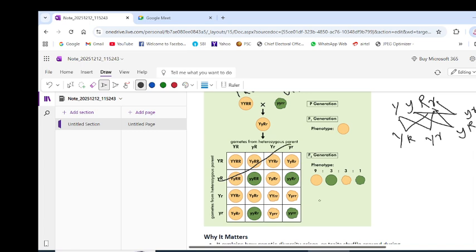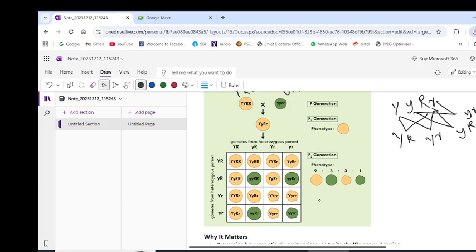And these two give green round and green wrinkled. Here again a new gene formation happened, because the recessive genes came together, so they were expressed. So it is green round, a new combination formed.